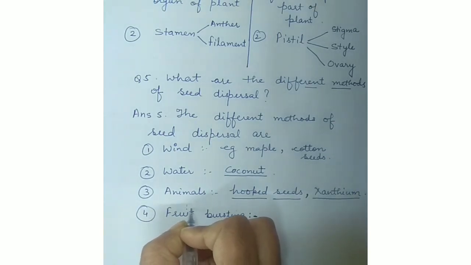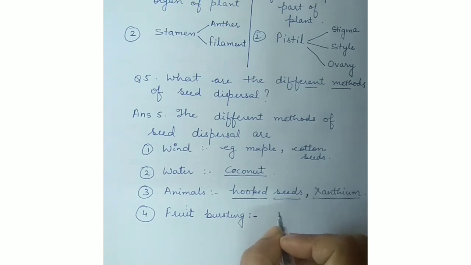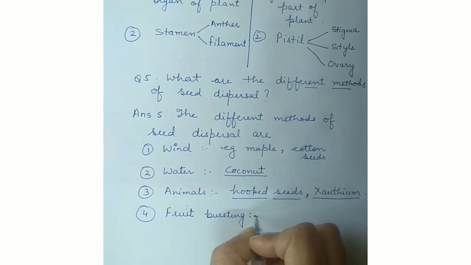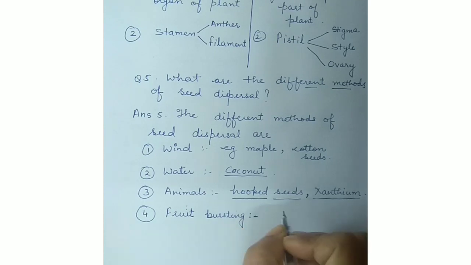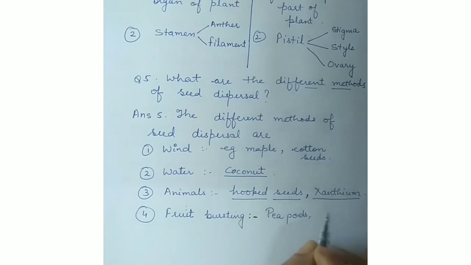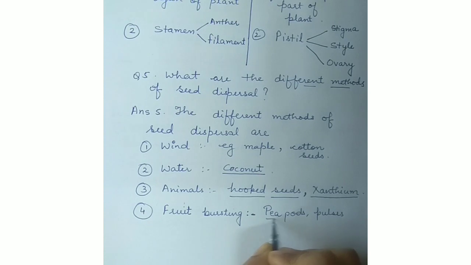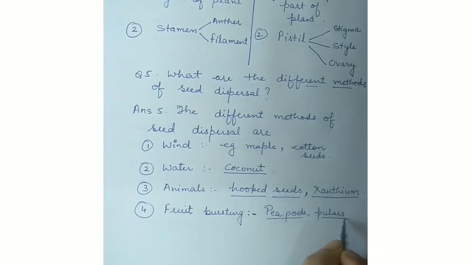After bursting, the seeds of these pods are scattered from the parent body to different places. Okay, so write down here pea pods, pulses. The seeds of pulses are dispersed by the method of fruit bursting.